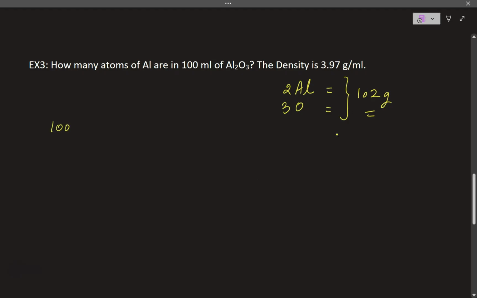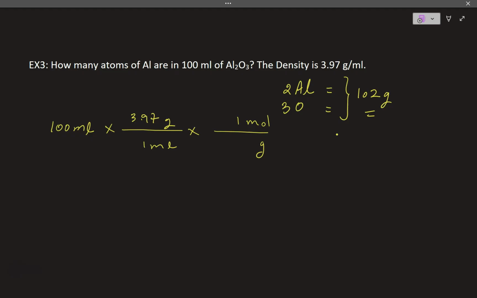We're going to write up the setup. First, we're going to start with the 100 milliliter times the density. That's 1 milliliter, we have 3.97 gram of aluminum oxide, and then multiply that by the mole. The gram is on the bottom, 1 mole is on top, and that is 102.